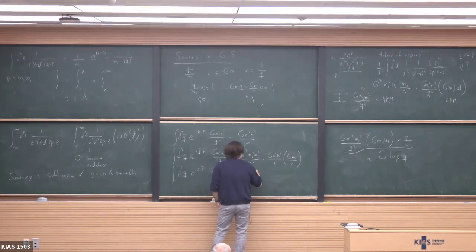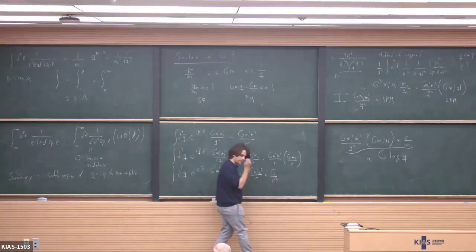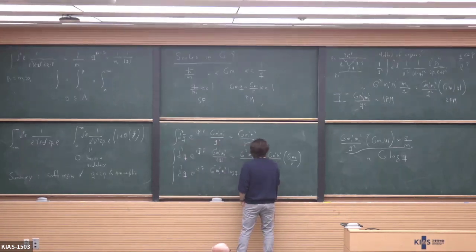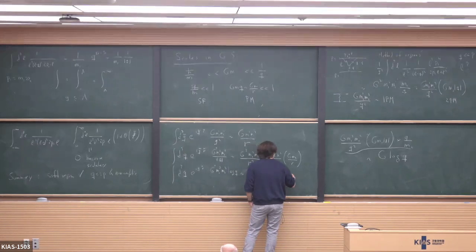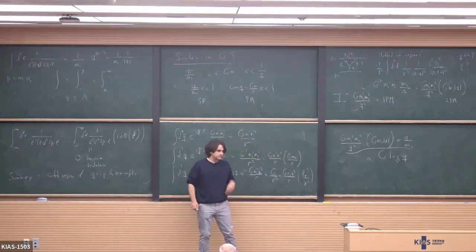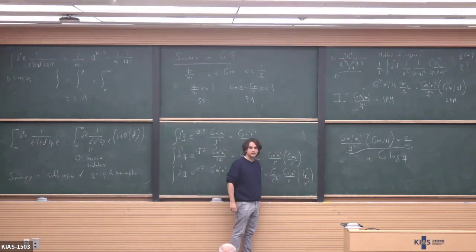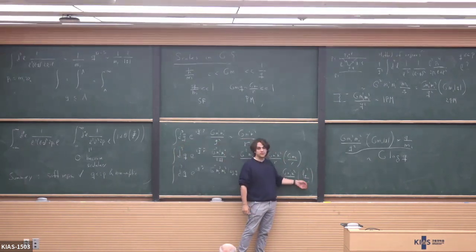So this goes like g m1 squared m2 squared over r times g over r squared, which I can also write as g m1 squared m2 squared over r times L Planck squared over r squared. Okay, so g just goes like Planck squared. So this is a quantum correction.